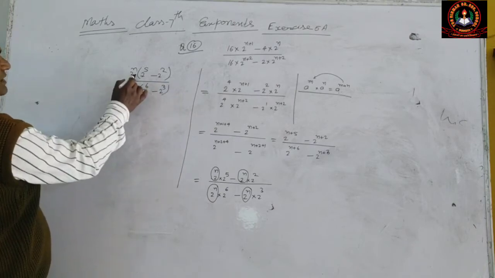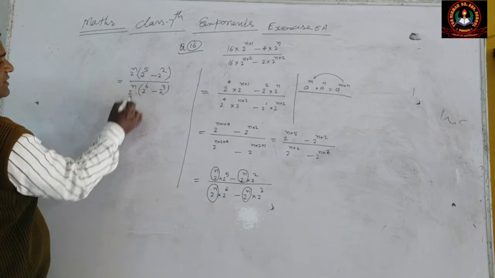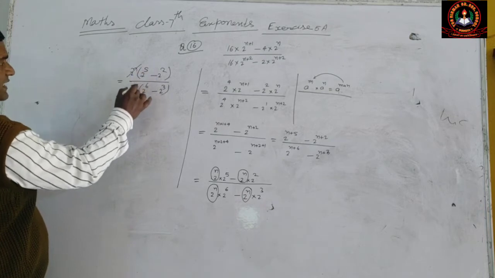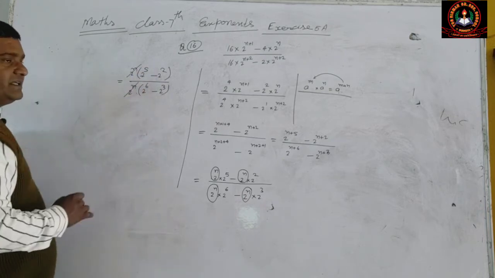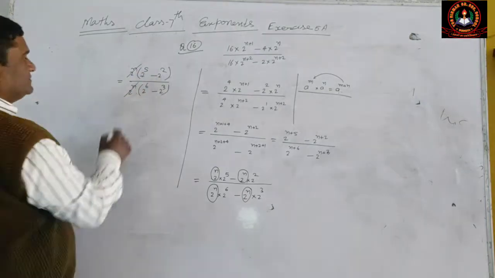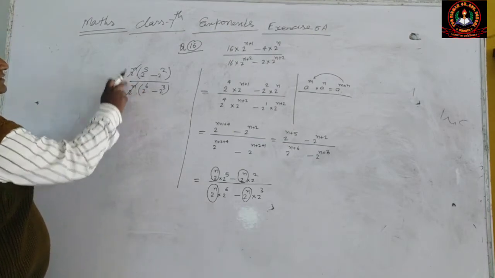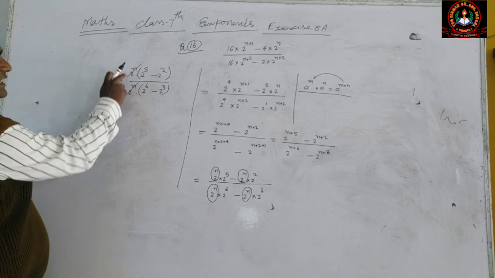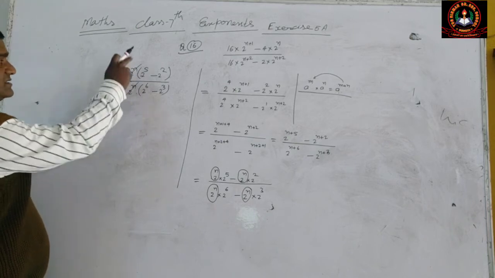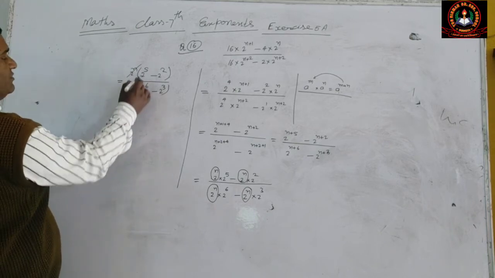The 2 to the power n in numerator and denominator are divided, giving 1.